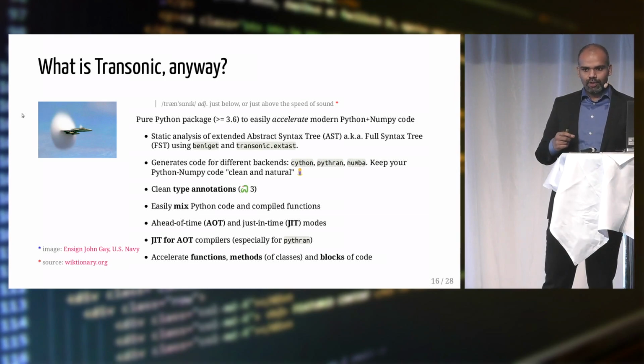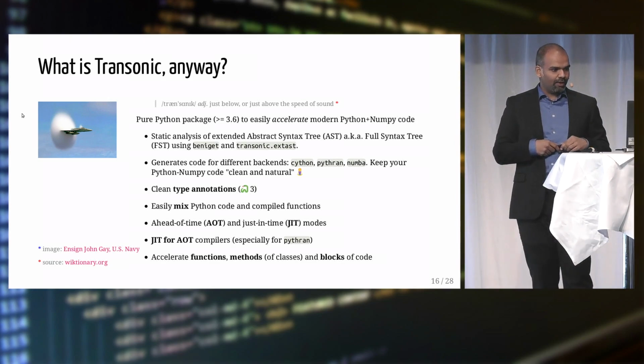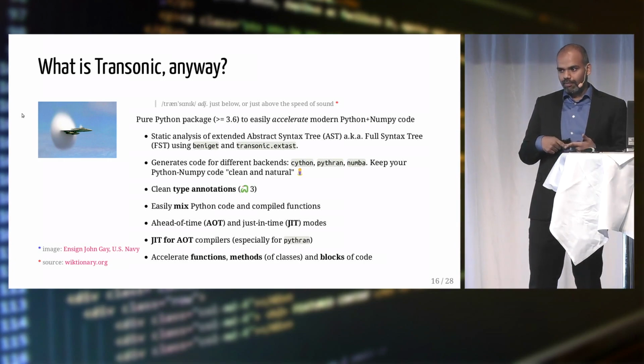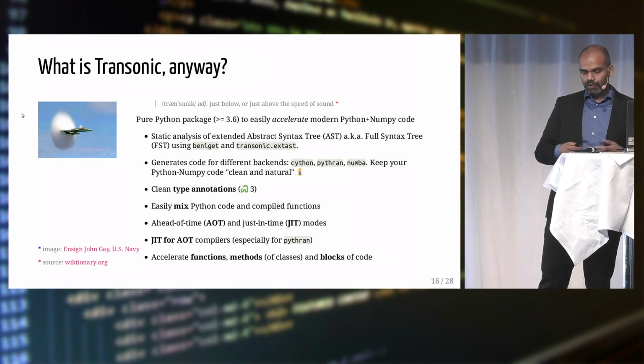But with Transonic, you can just add a decorator, and that would generate the Cython and Pythran modules for you. You can even do it ahead of time, just in time, even for packages like Numba, which does not support ahead of time. We have a just-in-time mode.